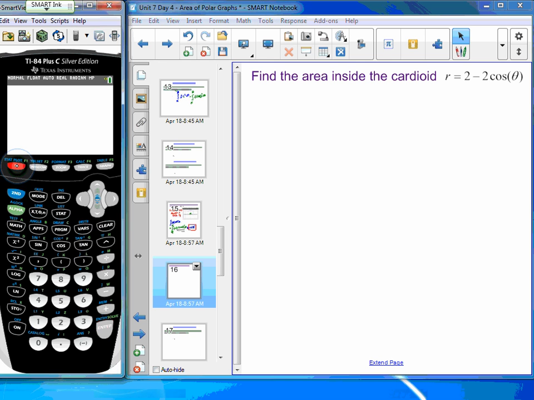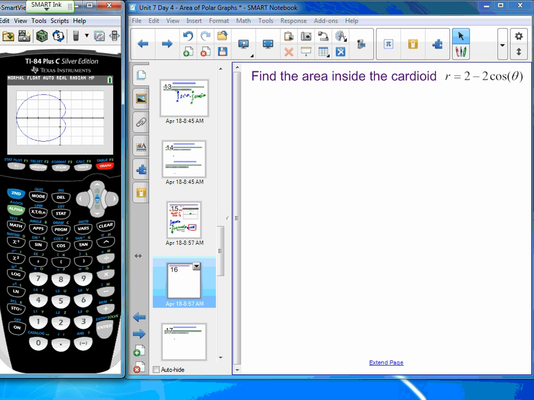We'll clear out our R, and we'll enter our new polar curve, 2 minus 2 cosine theta. How's that? And our graph this time looks like this.